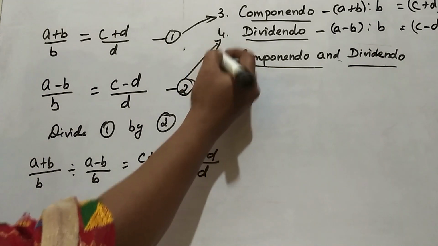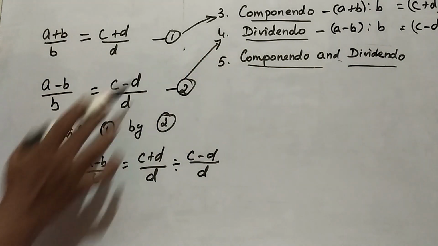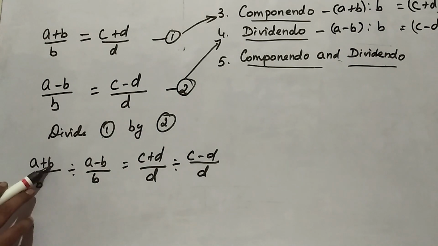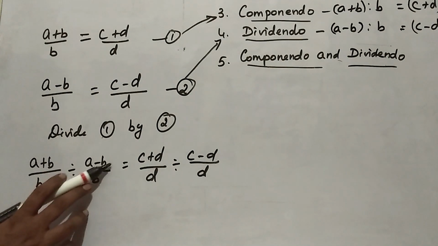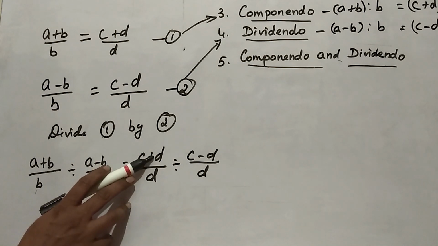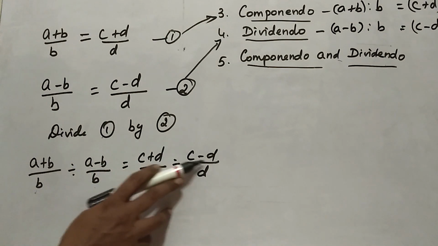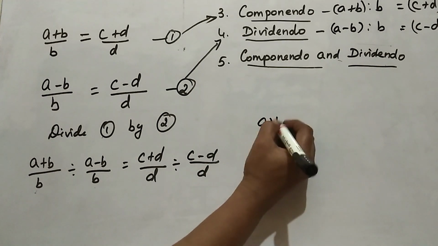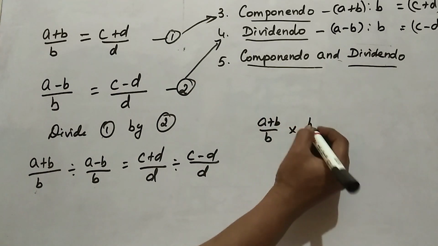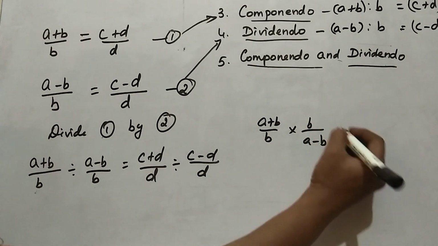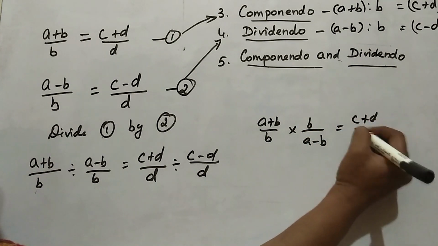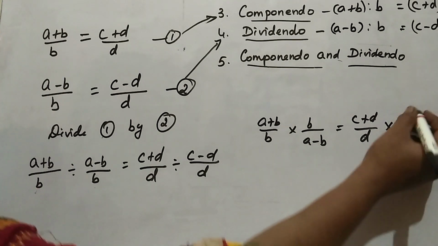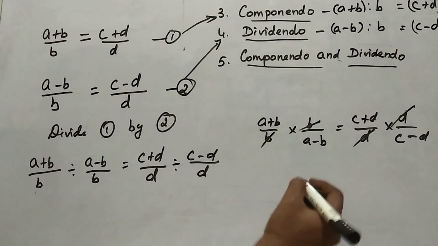Now, divide 1 by 2. So you will get A plus B upon B divided by A minus B upon B is equal to C plus D upon D divided by C minus D upon D. Then you write A plus B upon B into B upon A minus B is equal to C plus D upon D into D upon C minus D. These two get cancelled, these two get cancelled.